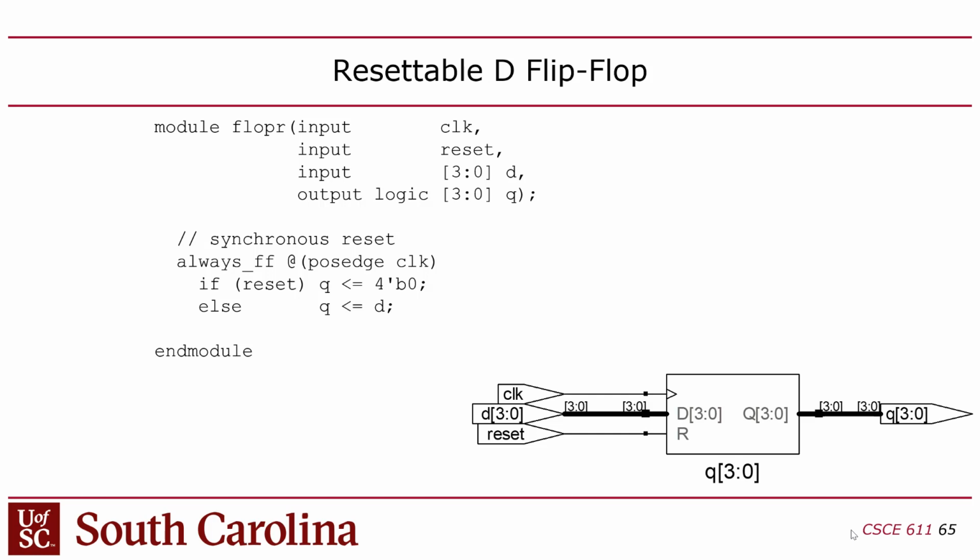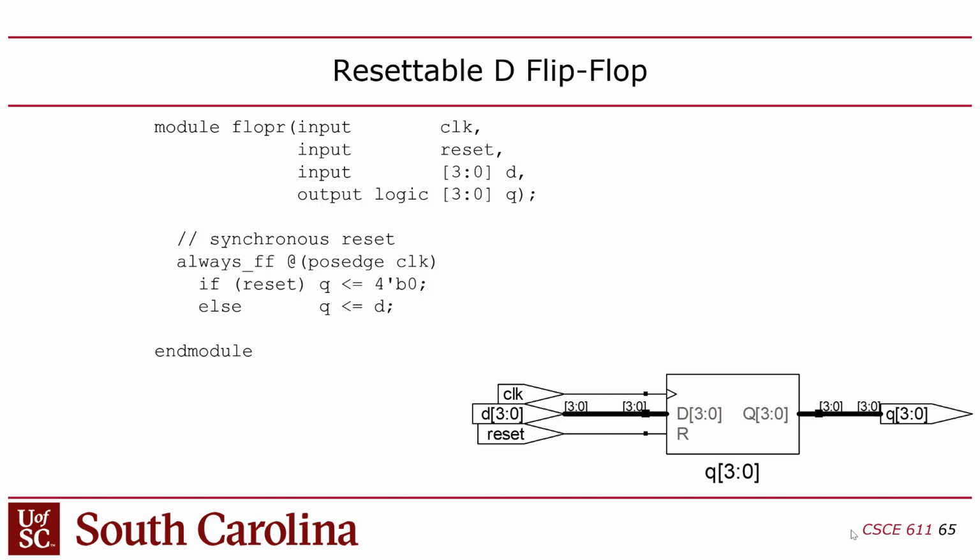Anyway, so this is an example of a flip-flop with a reset. It basically just says if reset, then reset it, right? Otherwise, don't reset it, right? Now, this is a synchronous reset, though, because the reset is not in the sensitivity list, which means I have the functionality to reset this, but it's not going to reset until there's a positive edge of the clock, right?